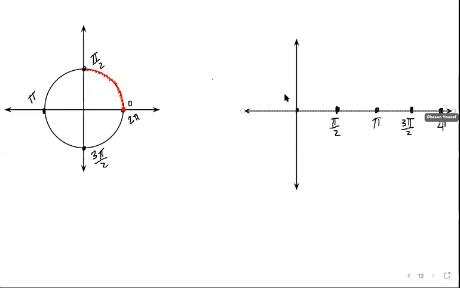From here to here, and here is 1. Here's -1. Okay, so from here to here, the graph will be something like this. From this point to this point, the graph will be something like this.